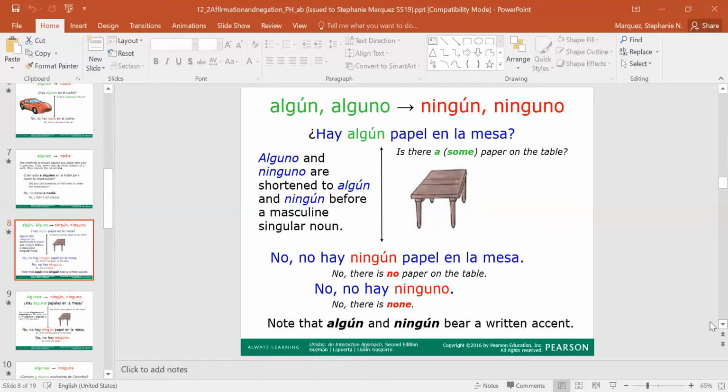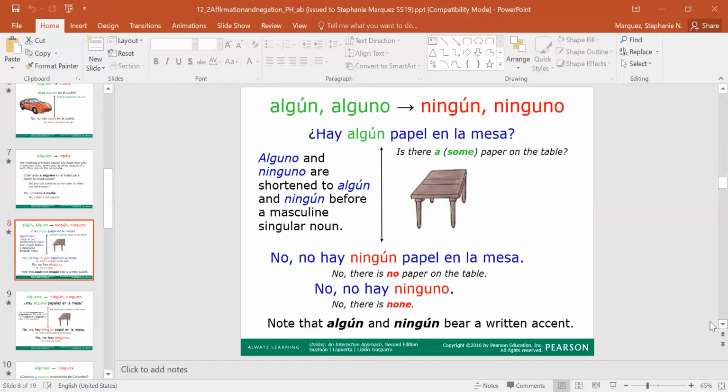There are multiple translations. Alguno kind of, sort of means a or some, and ninguno kind of, sort of means no or none. So if you wanted to memorize them, that would be the best way to memorize them. So they're kind of tricky to translate.